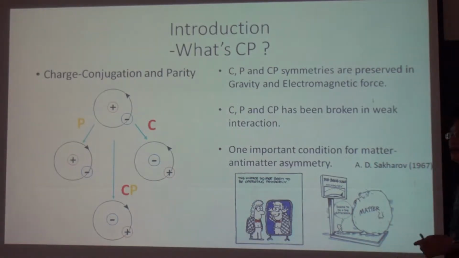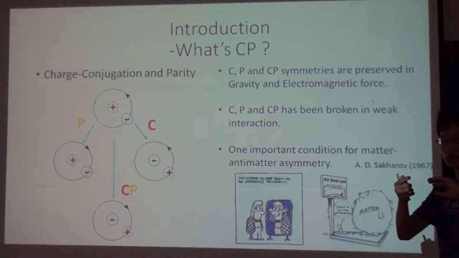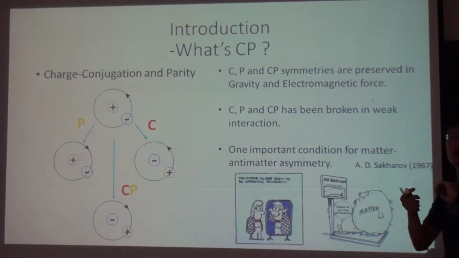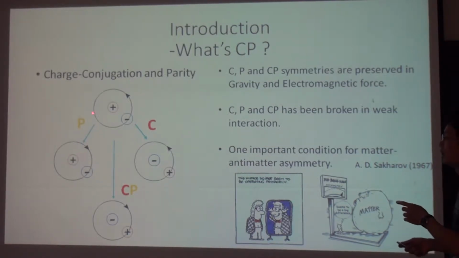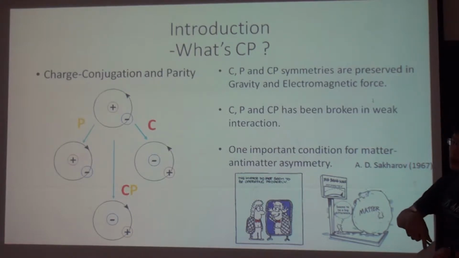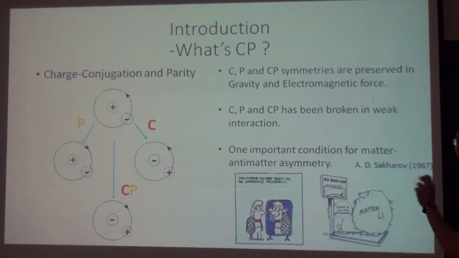And the C in the original just means change the sign of charge. So we can change the positive charge to negative charge, and negative to positive. But in particle physics, this means we change the particle state to the anti-particle state. And the CP will just do the two things.